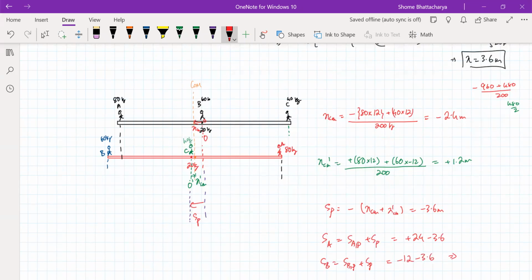That is the same as the displacement of C. So these are the individual displacements in the ground frame for A, B, and C.